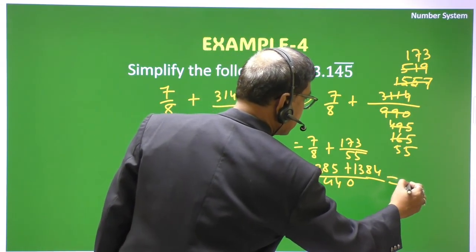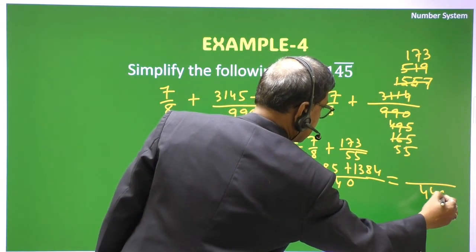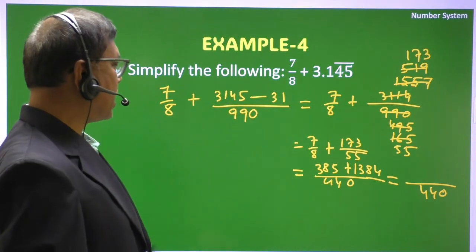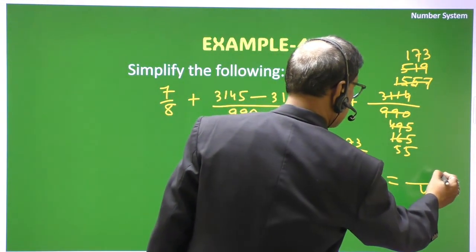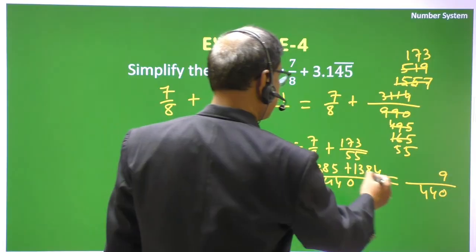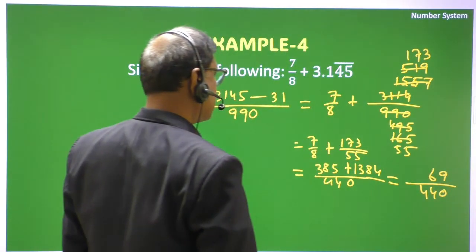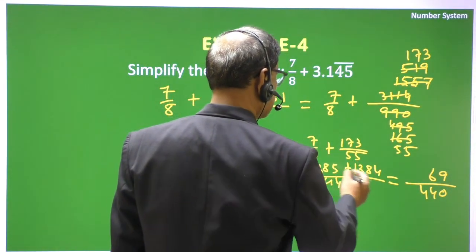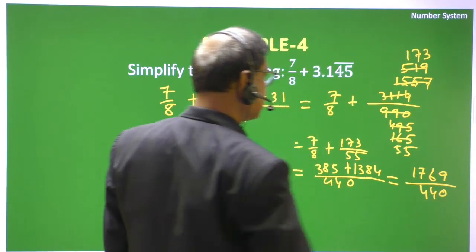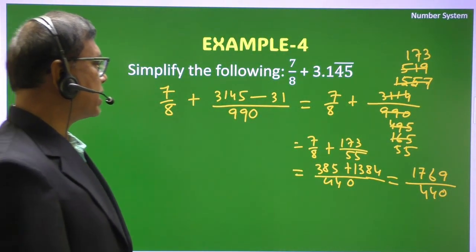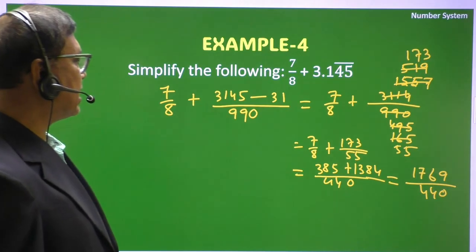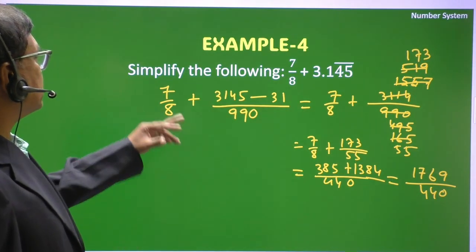So finally we are getting in the denominator 440, and in the numerator we are getting 9, 8 plus 8, 16, and 14 plus 3, 17. So 1769 upon 440 is the final answer, and this is the simplest form.